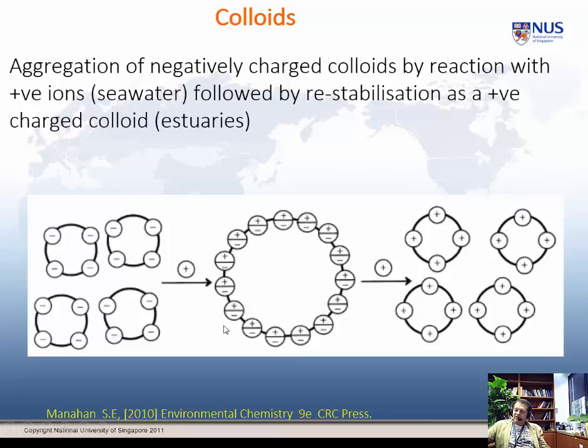Effectively you get supercolloids, or superparticles, formed, which then break apart. So the water coming into an estuary, the colloidal particles are normally negatively charged; leaving the estuary they're positively charged.